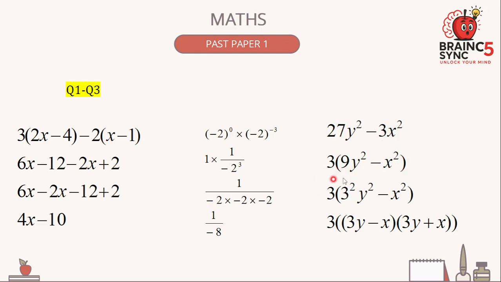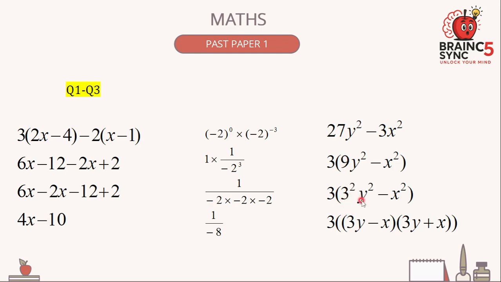Once you get something like so, what you do next is reduce this 9. Do you see this 9? This 9 will be reduced to a number that, when you multiply it by itself, gives you 9, which is 3. I answered 3 here, because 3 times 3 is 9.